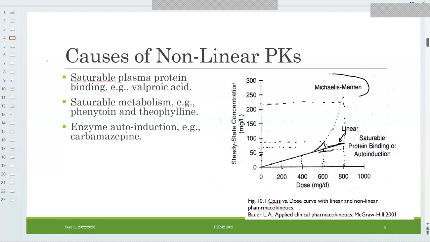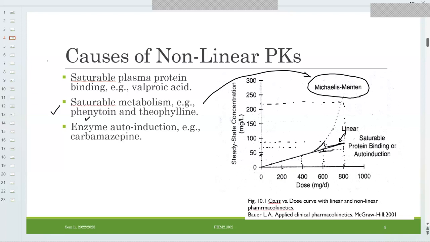This kind of kinetics, we call it Michaelis-Menten kinetics. And the reason is saturable metabolism. So saturable metabolism, in case of some drugs like phenytoin, theophylline, very important this one. Once you study phenytoin in clinical pharmacokinetics, then you have to use Michaelis-Menten equation for calculation. There is saturable metabolic pathway.